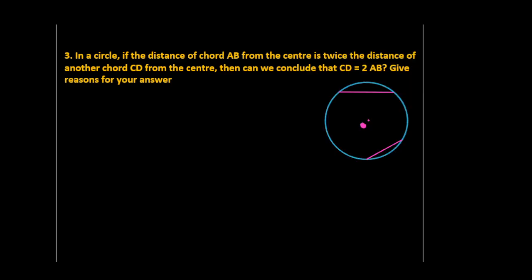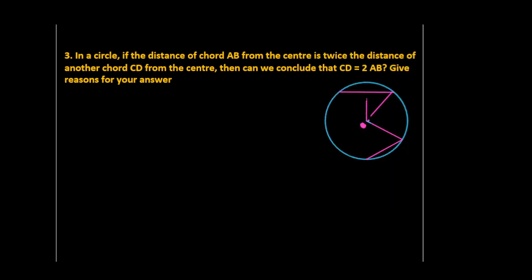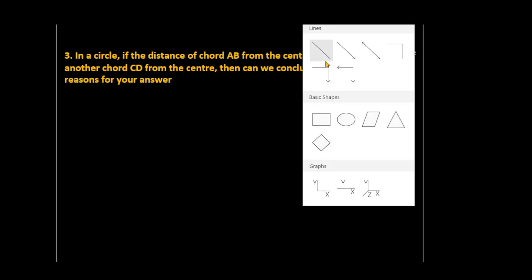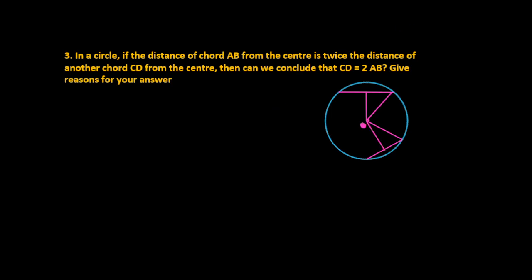If we take a radius, this is the radius to chord AB, and this is the radius to chord CD. Then the perpendicular distances PQ.